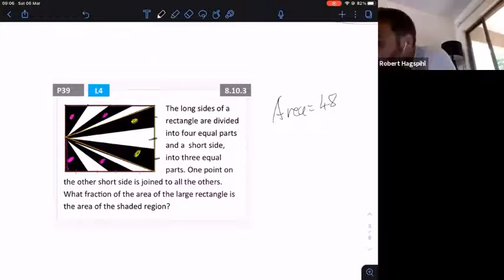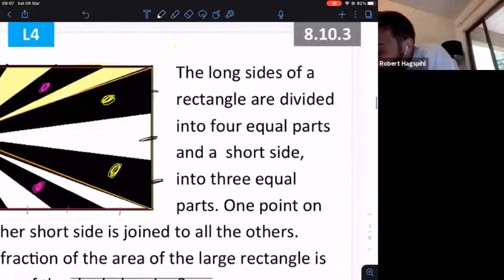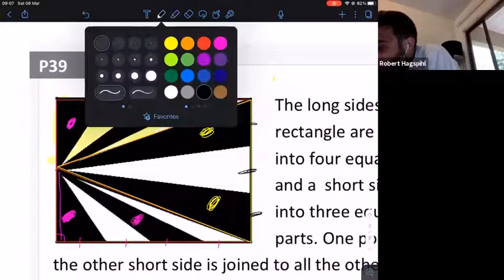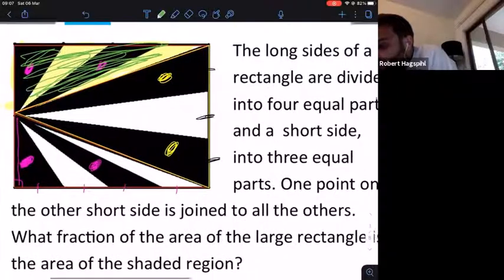Now, if the whole area is 48, Haley, are you with me that this yellow piece here is equal to 48 divided by 4, which has an area of 12. Cool. So this whole triangle has got an area of 12.